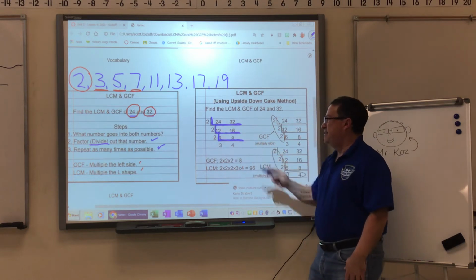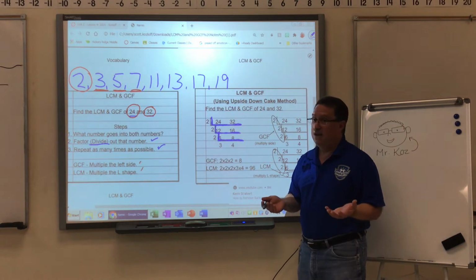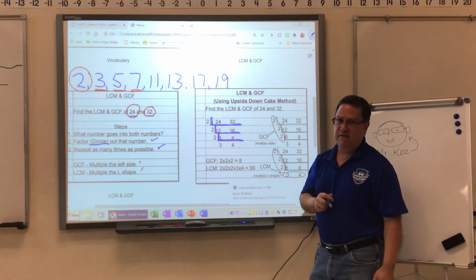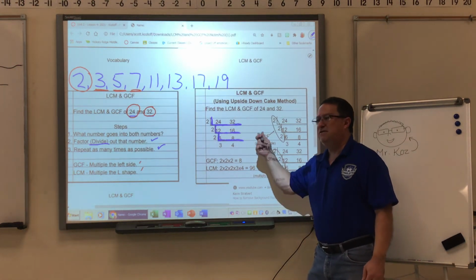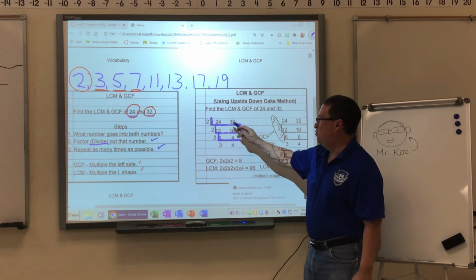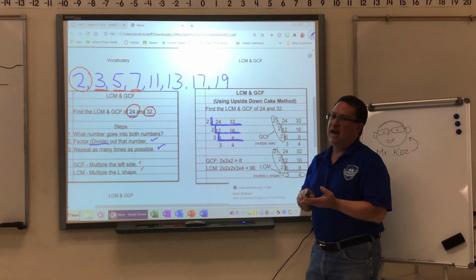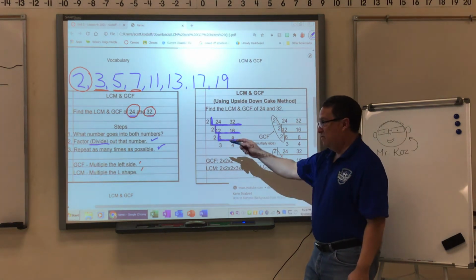If you can see this, it starts looking like an upside down birthday cake or an upside down wedding cake. So we call that the upside down cake method. And this is what we're going to use to help us this year to factor out numbers between 2 different numbers. Factors and multiples will show up once I show you that formula.